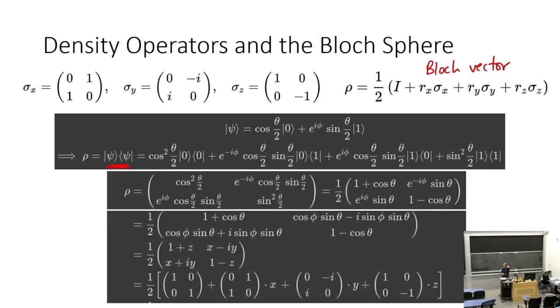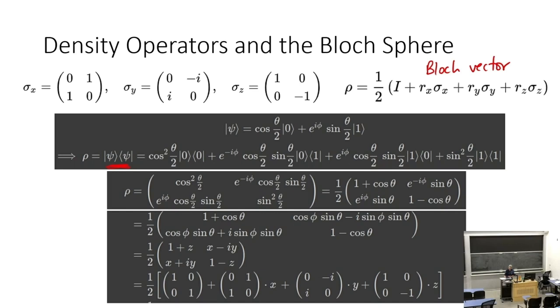Then I can go a couple of steps beyond that and keep rewriting this 2 by 2 matrix. I can get to this form if I write down equations for how I express x, y, and z in terms of sines and cosines.